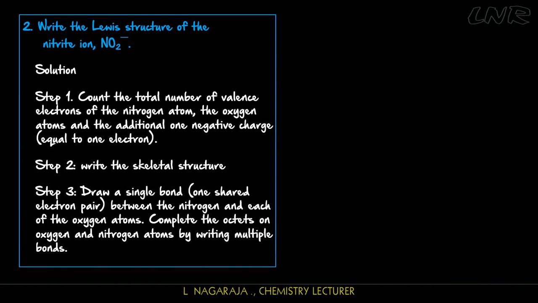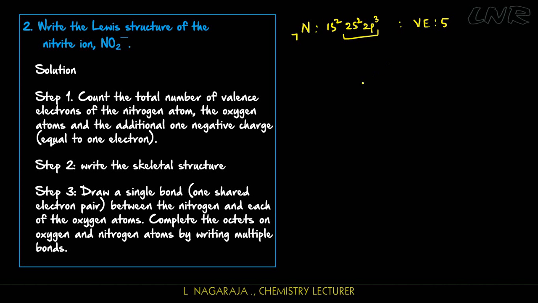First, count the total number of valence electrons. The atomic number of nitrogen is 7 and its electronic configuration is 1s2, 2s2, 2p3. So the outermost shell contains 5 valence electrons.